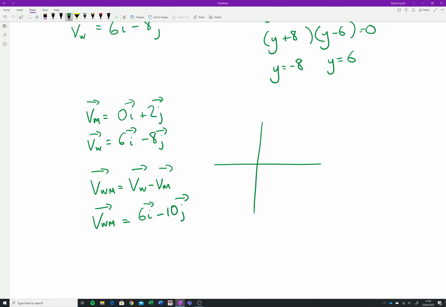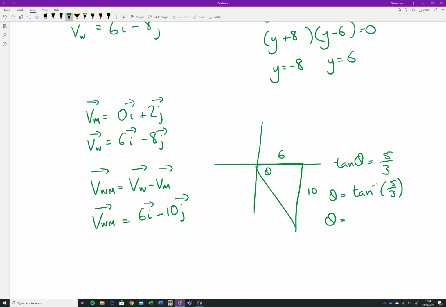Okay, so that is what the wind is doing from his perspective. So what's that? That's moving over 6 and it's going down 10. So moving over 6, coming down 10, and we'll get this angle here. Tan theta is equal to 5/3, or 10 over 6. Theta is equal to tan inverse 5/3. 5 divided by 3, 59 degrees?